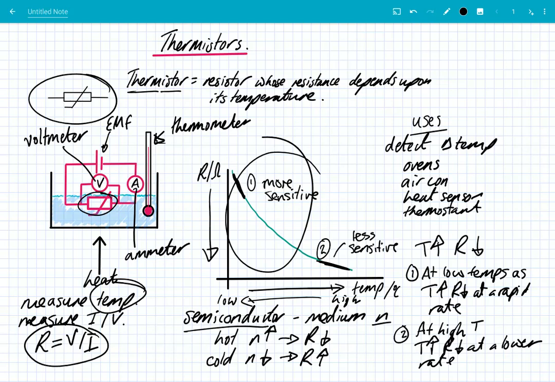And when the temperature increases, the number density of those free electrons increases. And because you get more free electrons, the resistance decreases. You're getting more current. So the shape of this graph is crucial. When temperature goes up, resistance goes down, and it's more sensitive at lower temperatures and less sensitive at higher temperatures.